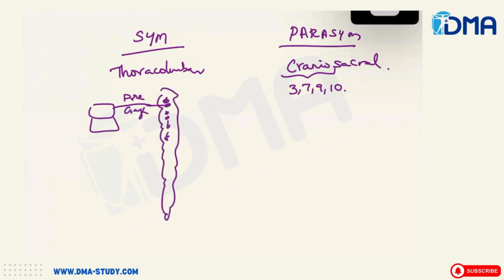Usually, in the sympathetic system, from the spinal cord there will be a preganglionic fiber. It goes and synapses in the so-called sympathetic chain that runs parallel to the spinal cord, and from there gives the postganglionic fiber, and this postganglionic fiber in turn goes and supplies the respective organs, right? So I will say in this, the length of the preganglionic fiber will be short and the postganglionic fiber will be long.